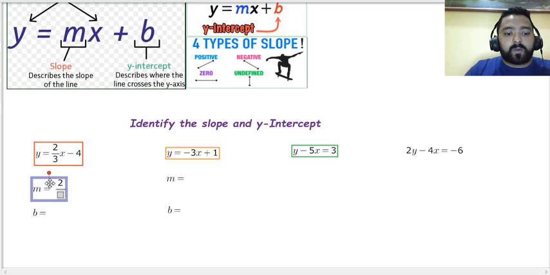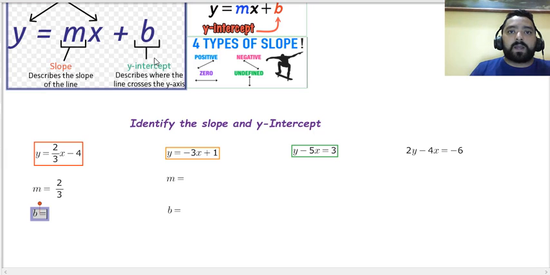And the y-intercept, remember, is the constant, the last number, or the number without variable. So in this case it's negative 4. So for this function, 2 over 3 is the slope, and negative 4 is the y-intercept, or the constant.